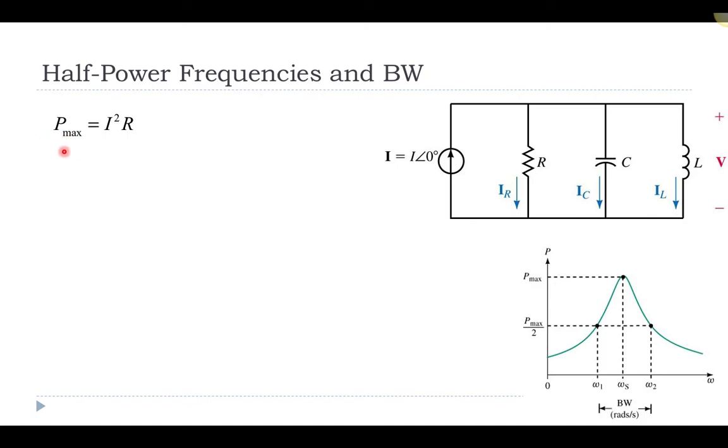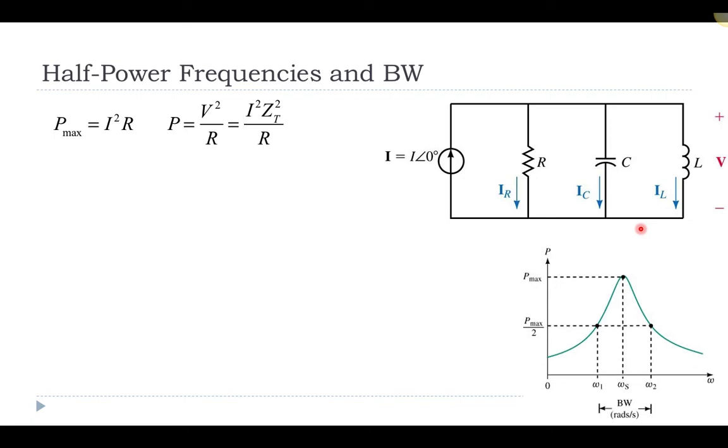This occurs at resonance, but in general we can write the power through that resistor at any frequency as the voltage squared over the resistance, where all of these terms have exactly the same voltage because they are in parallel. We can determine what that voltage is by figuring out the equivalent impedance of all three components together, which has some total equivalent impedance.